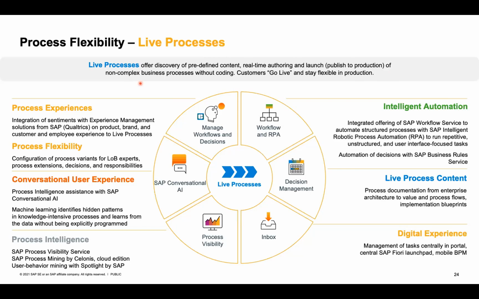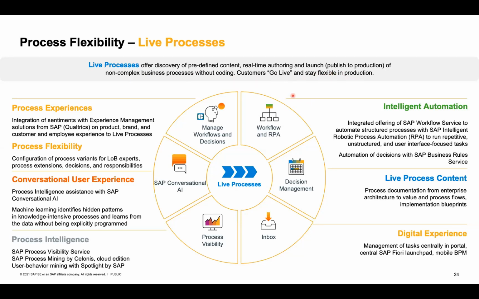Live processes offer discovery of predefined content, real-time authoring and launch, publish to production of non-complex business processes without coding. Customers go live and stay flexible in production. So I think the most important terms here are predefined content, non-complex business processes without coding, and flexible in production.